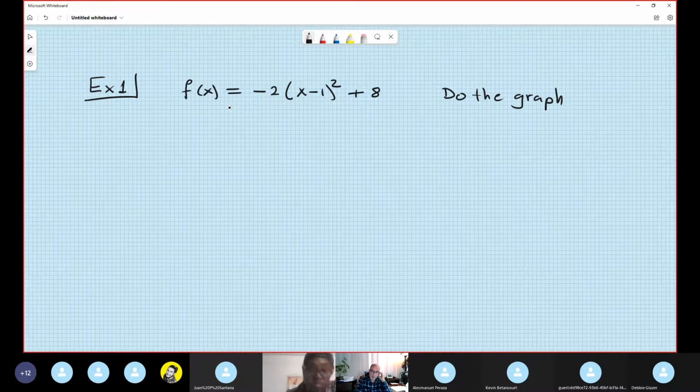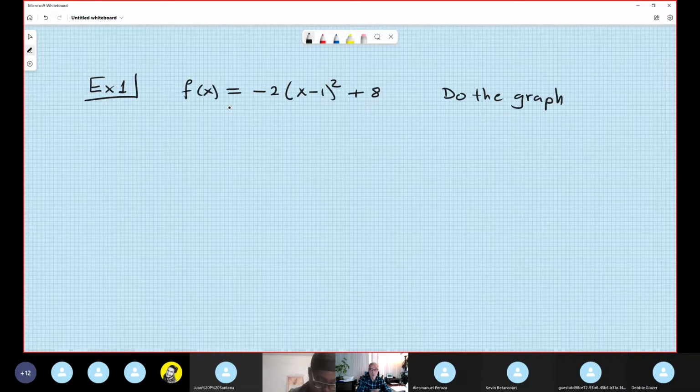Number two, determine the parameters A, B, C or A, H, K. Then determine the vertex, determine in what direction the parabola opens, and determine the famous intercepts, the X and Y intercepts, and using your common sense and the symmetry property, determine one more point and do the graph.